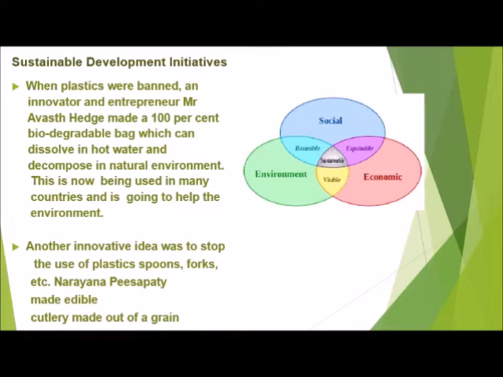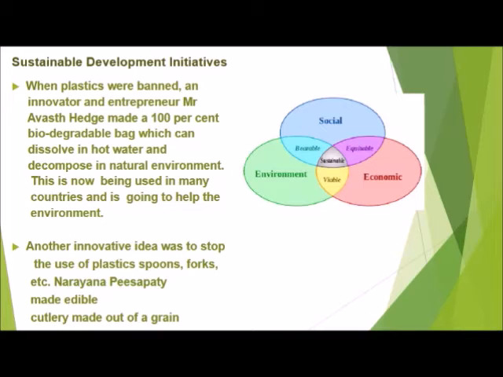He made a 100% biodegradable bag which can dissolve in hot water and decompose in the natural environment. This is now being used in many countries and is going to help the environment.